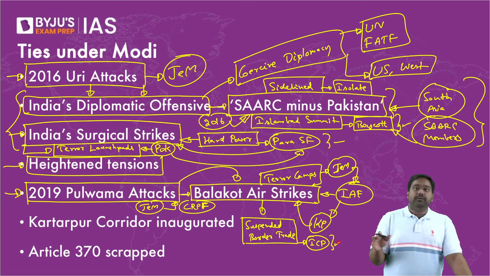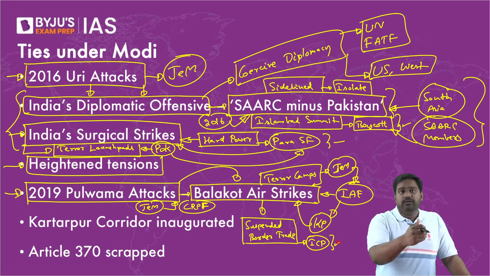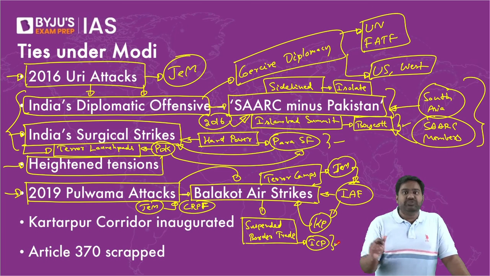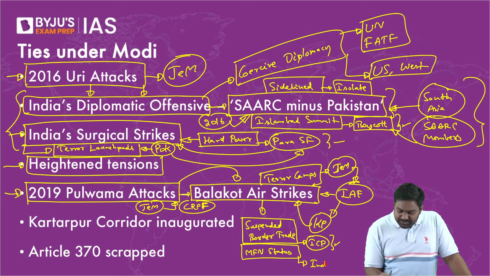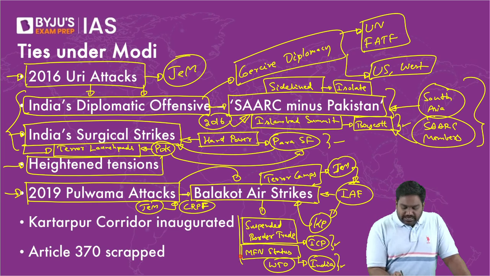Even this was shut, and the local trade along the LOC between Kashmiri villages was entirely stopped. Border trade was completely shut, and MFN status was revoked by India, the most favored nation status which countries give to each other as per WTO. This was revoked by India to downgrade the economic relations.